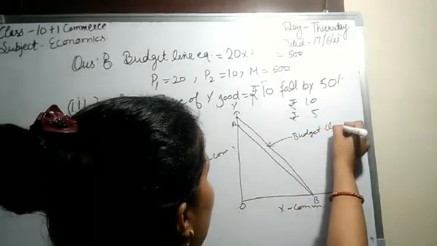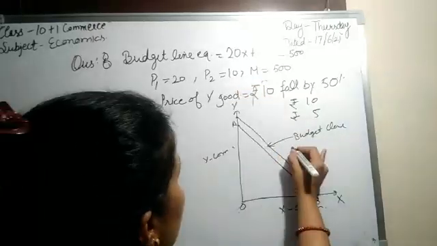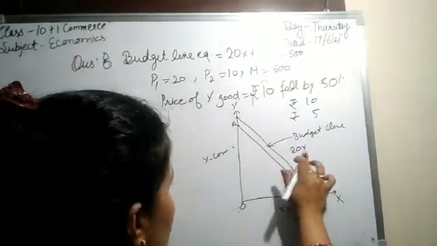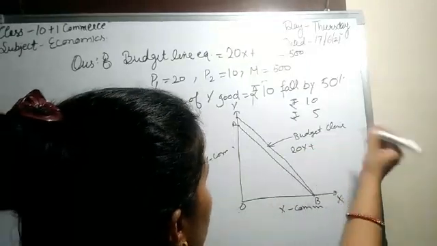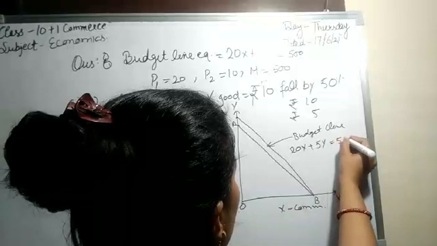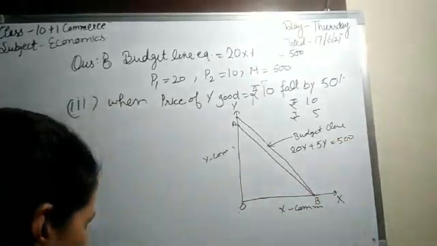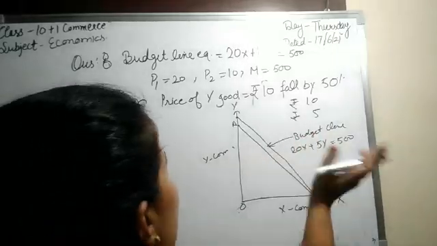In that situation, the equation is 20x, since the price of X commodity is unchanged, but the price of Y commodity is decreased, so it is 5y equal to 500. This is the new budget line. Now the question is, what is the slope of this?